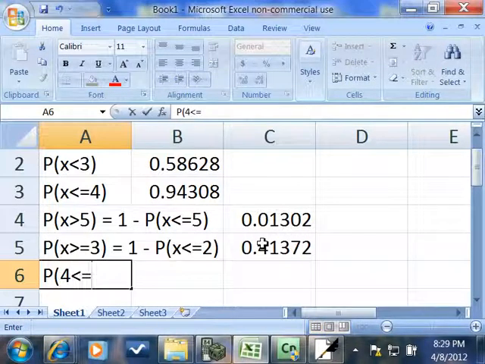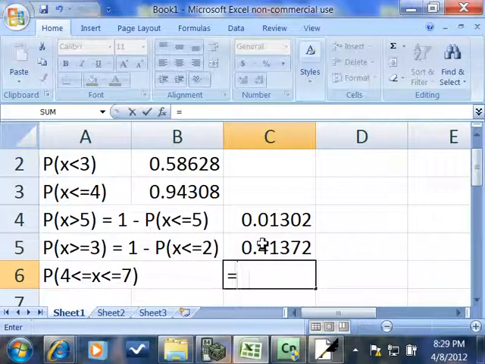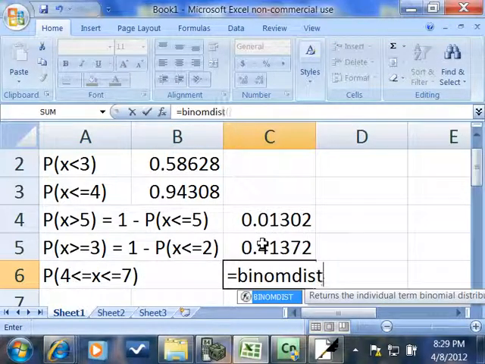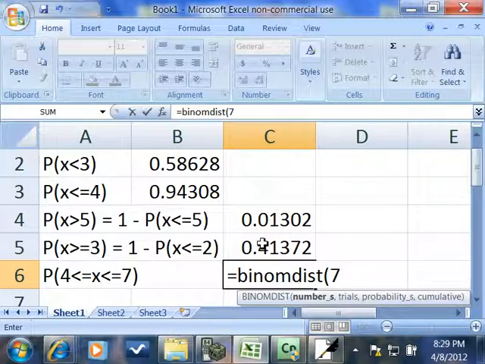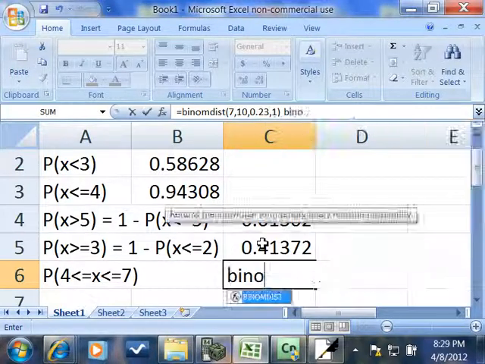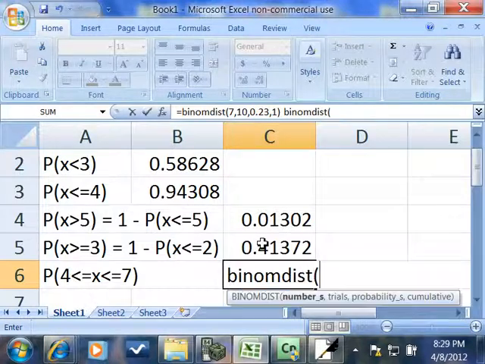So this equals x less than or equal to 7. Binom distribution, and then our first one is going from 0 to 7, so I'll put 7 in, our ending number when going from 0 up to a number, 10, 0.23, 1, minus binom distribution.